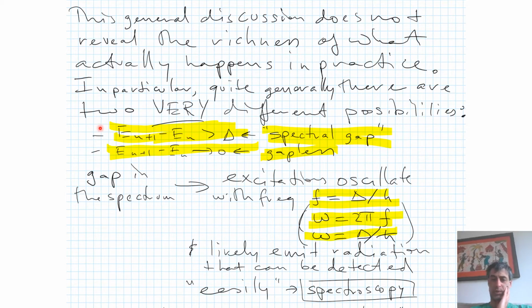And well, as we'll see on some examples, there are cases where adjacent solutions are separated by a number which is vanishing in a precise sense. So a gap in the spectrum is detectable because what one expects is that if one excites the system by changing some parameters, it'll ring, right?